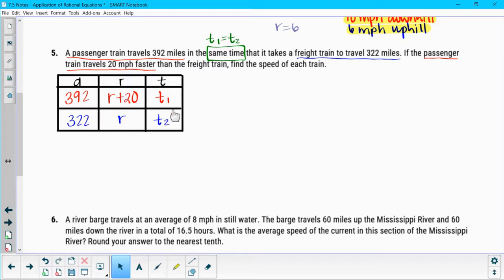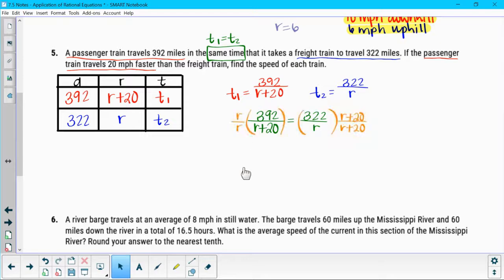Now I'm going to go ahead and set up things as I did before. T1 is going to be 392 over r plus 20. T2 is going to be 322 over r. Going to set these two things equal to each other because it happens in the same time. Going to give them a common denominator, r over r, and r plus 20 over r plus 20.